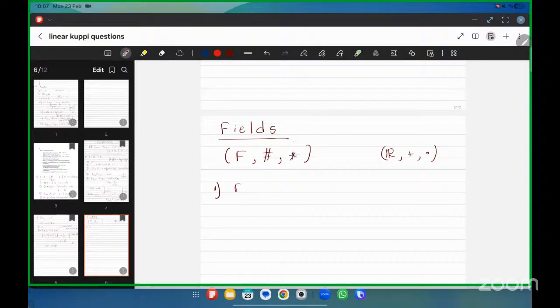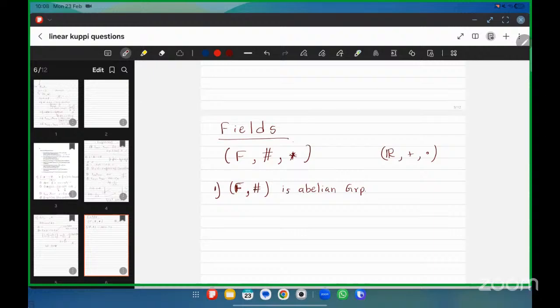We always treat the first operation as plus and the second as multiplication. Here, the first one is that the set with the first operation should be an Abelian group. If that is satisfied, we can tell.